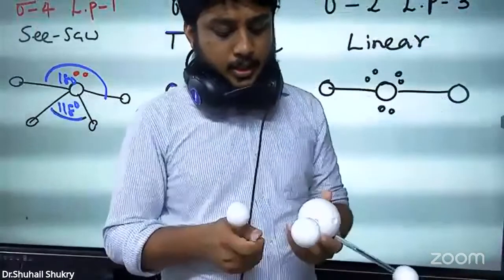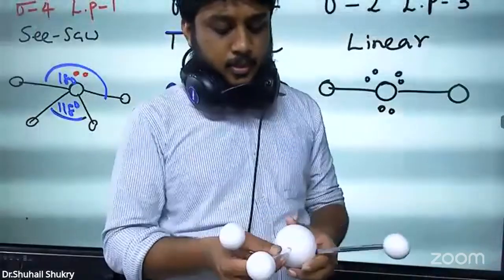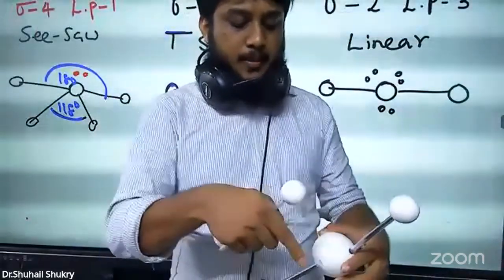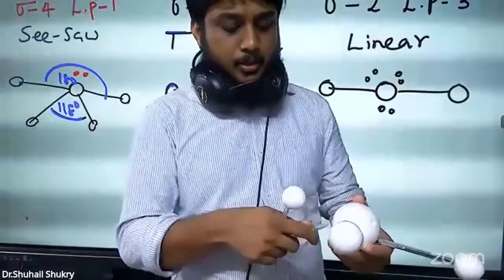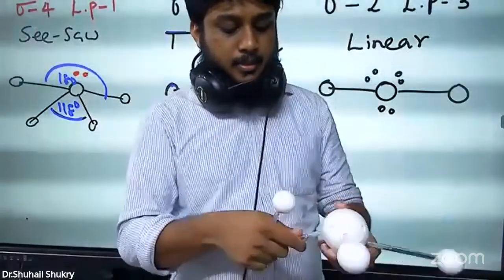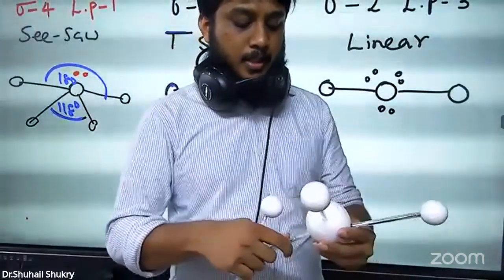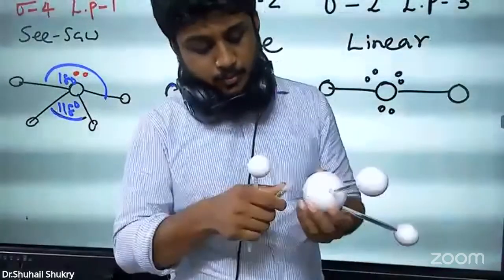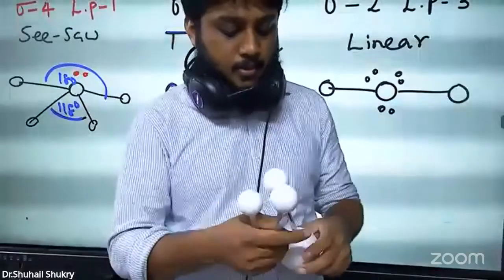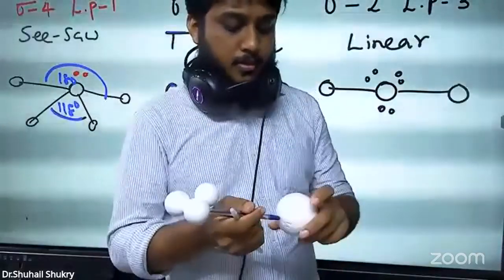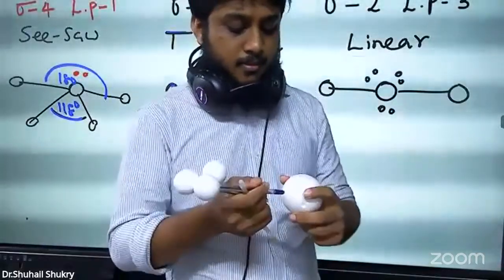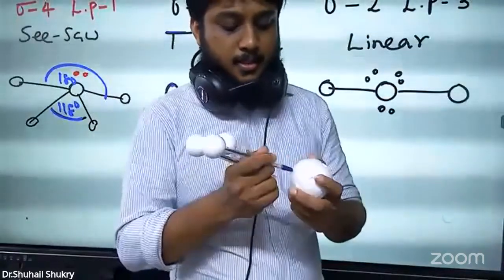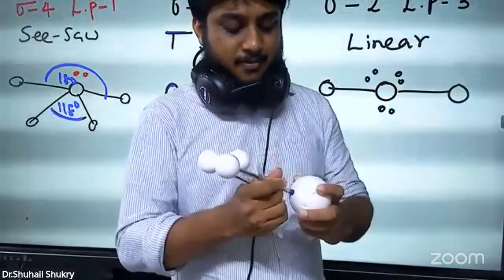How can I go for 6 sigma bonds? Between these two, it has 90 degrees. Between this and this also, it should have 90 degrees. These are connected with 90 degrees. Anyhow, this is one thing.